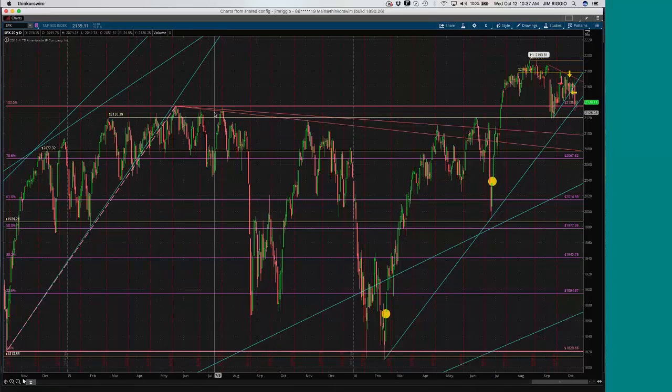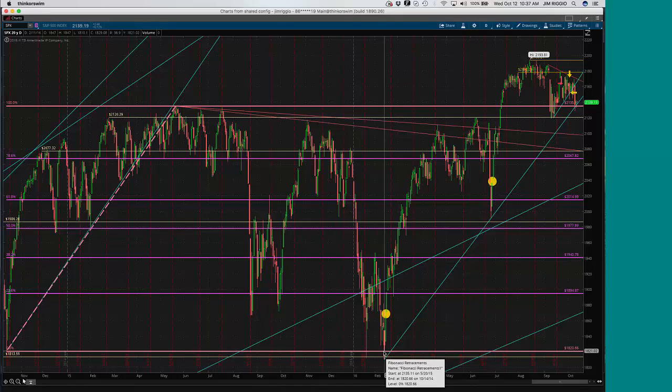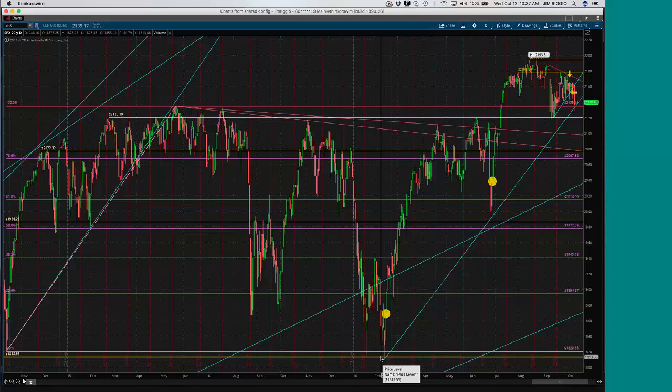Now, why did I end up keeping that? Well, look at what happened when we sold off in February. We broke it a little bit intraday. We broke that huge support line, the price trend line that I had from 4 years ago, and that ended up being the support that we moved up from.